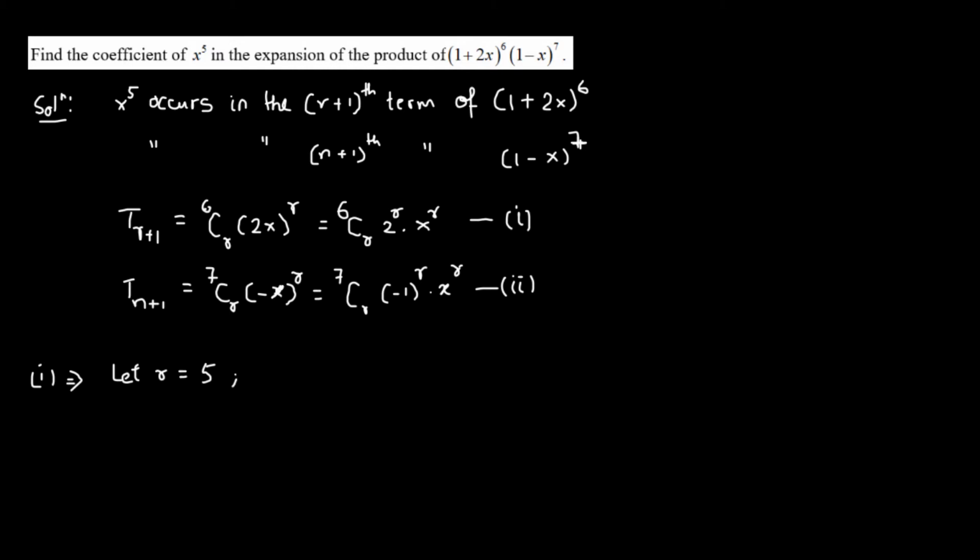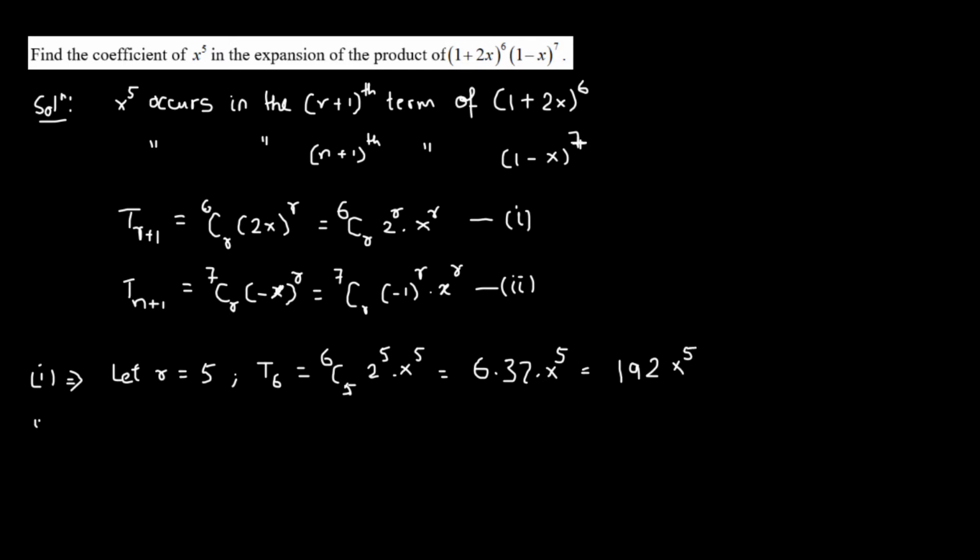So that gives us t 5 plus 1, which is t 6, equal to 6 c 5 times 2 raised to the power of 5 times x raised to the power of 5, and this value is equal to 6 times 2 raised to the power 5, which is 32, times x raised to the power of 5. So we multiply 6 and 32, and that gives us 192 x raised to the power of 5.